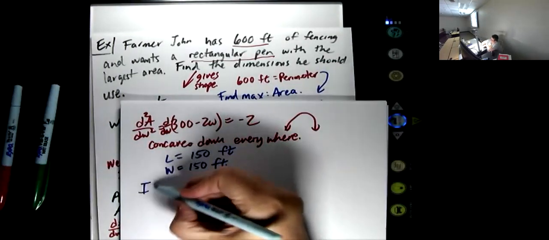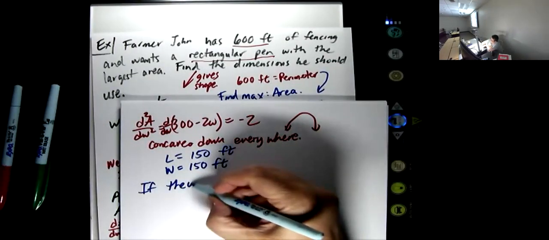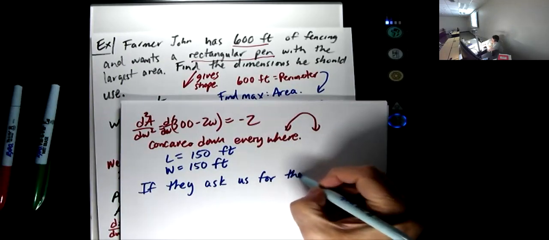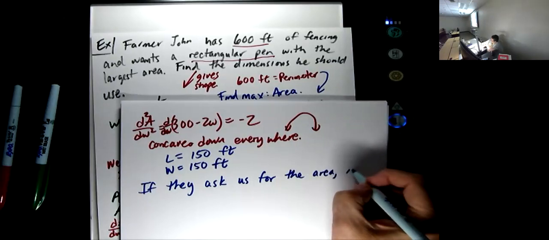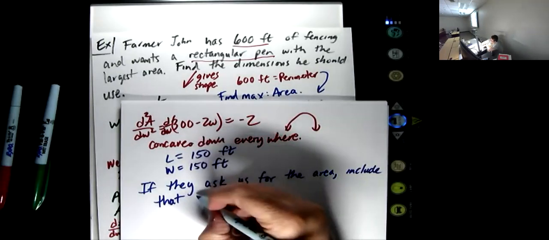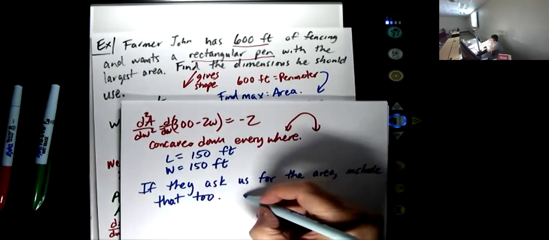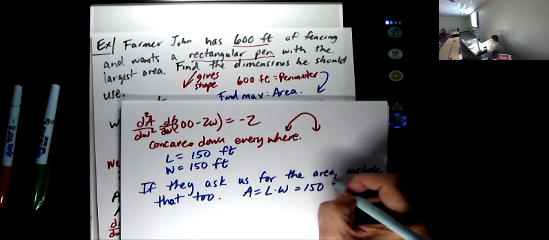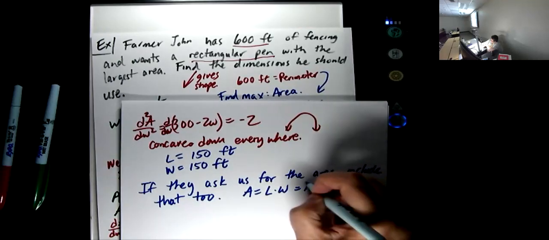If they ask for the area, we should include that too. Area is length times W, or 150 feet squared.